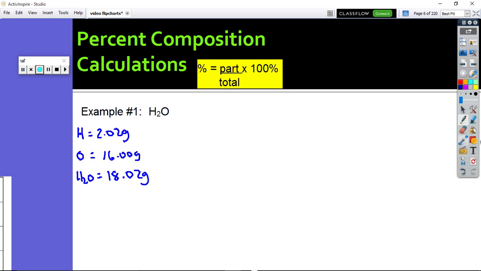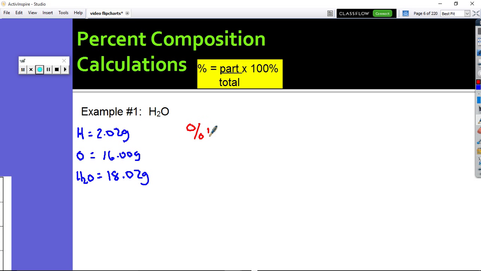So starting with hydrogen. The percentage of hydrogen is going to be part, so the part we're studying, which is hydrogen, and that's 2.02 grams, divided by the total, which is the water molecule, or 18.02 grams. Then we're going to times that by 100%.